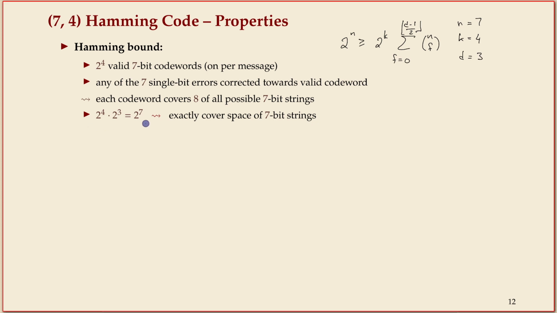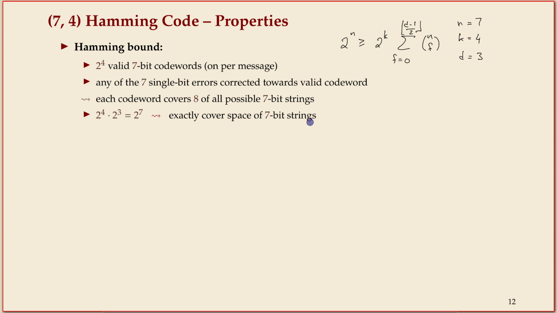So if you work this out in this example, you get exactly 2 to the 7. And that means you have exactly as many code words as code words are in the size, in all the balls summed up. So there's nothing actually left. You're using every 7-bit string in radius 3, Hamming radius 3 distance ball around all your code words.